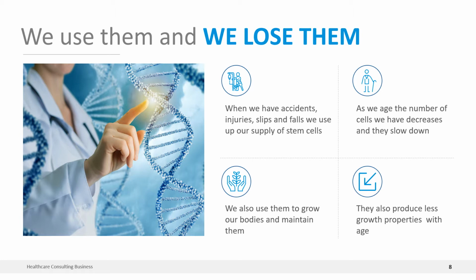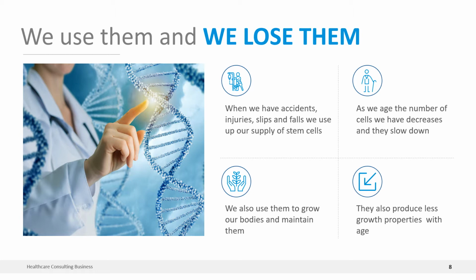So as cells start to die, no big deal. We can invest, or we can spend a little more money. We can send more troops into the battle, and we can overcome the degenerative forces. Now, as that happens, and over time we continue to use them, we, of course, lose them.